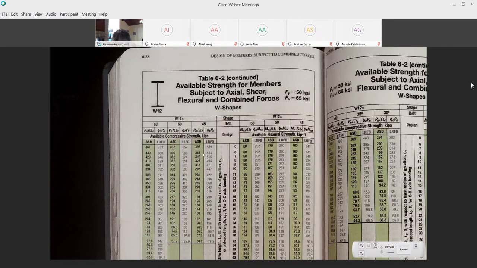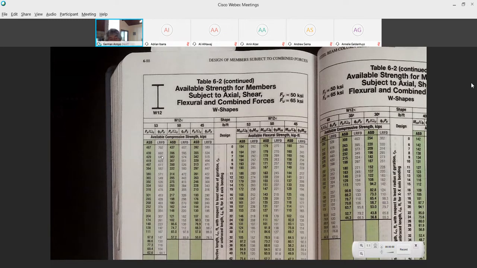This in here for the W12x53, these are all the phi P sub N based on KL over R, or you have local buckling based on local buckling. So everything that we know about beams is used on this side with the section that C sub B equal to 1. And everything that you know for column is used in here.